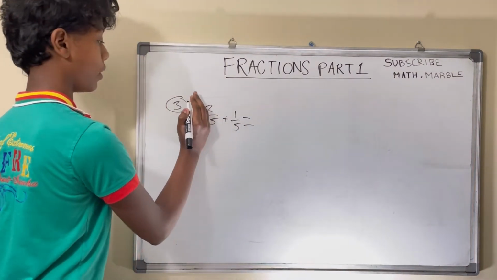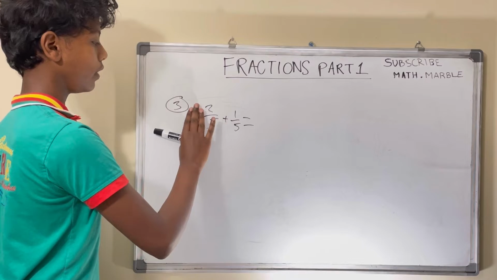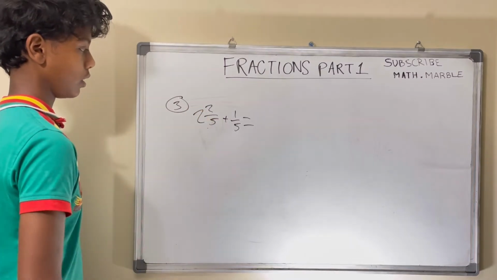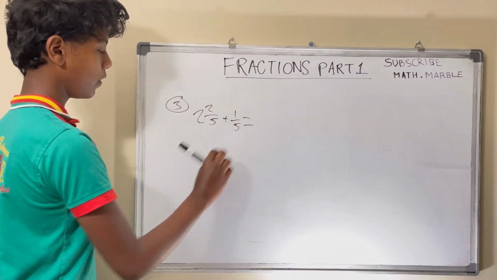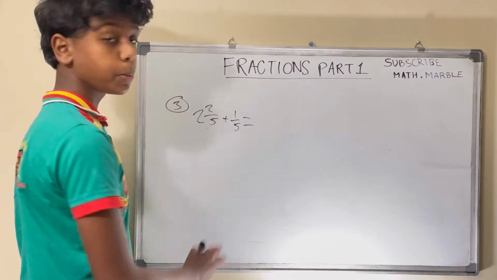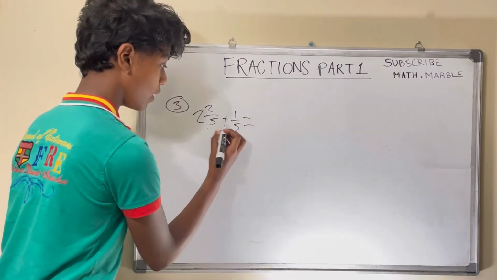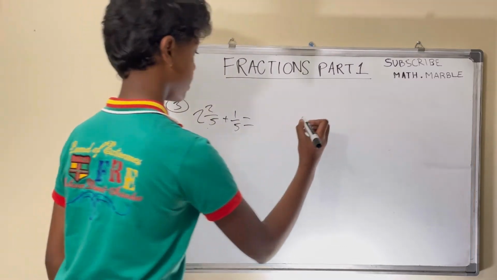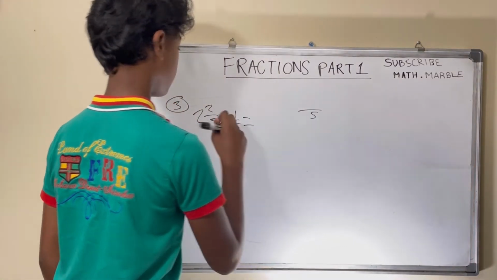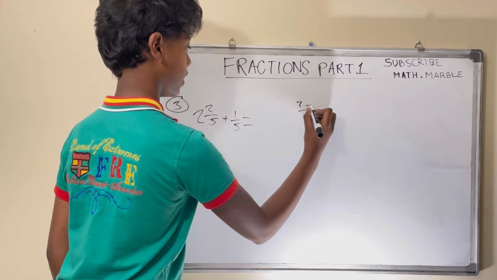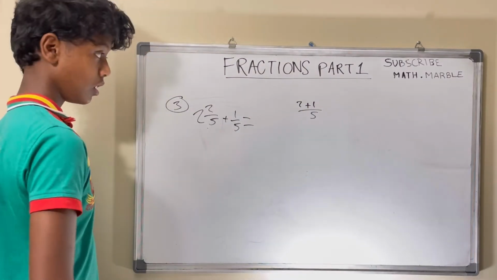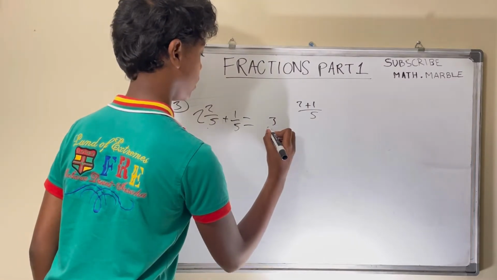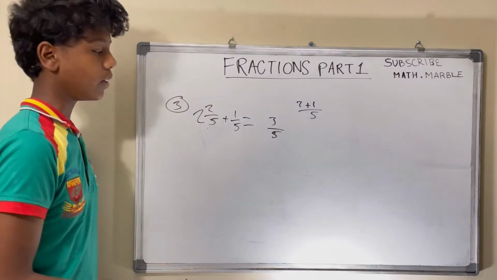We can forget about our 2 right now. So all we need to look at is 2/5 plus 1/5. Both denominators are 5, so it's a denominator of 5 and 2 plus 1. That is 3/5.